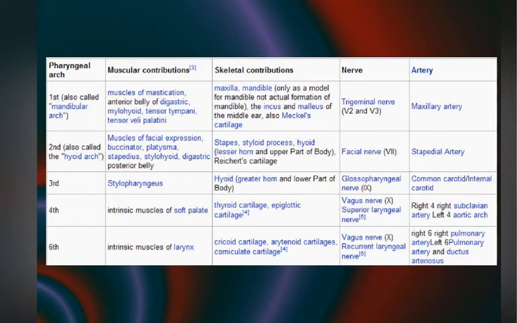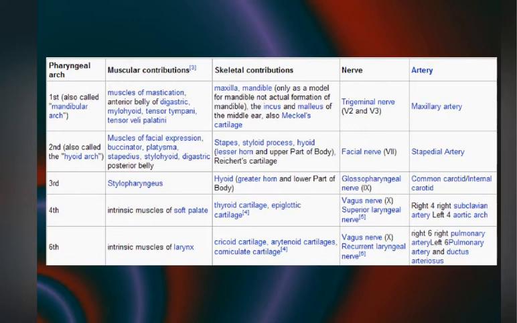Look at the muscular contributions, or muscular derivatives. The first pharyngeal arch gives rise to muscles of mastication, anterior belly of digastric muscle, mylohyoid, tensor tympani, and tensor veli palatini muscles.